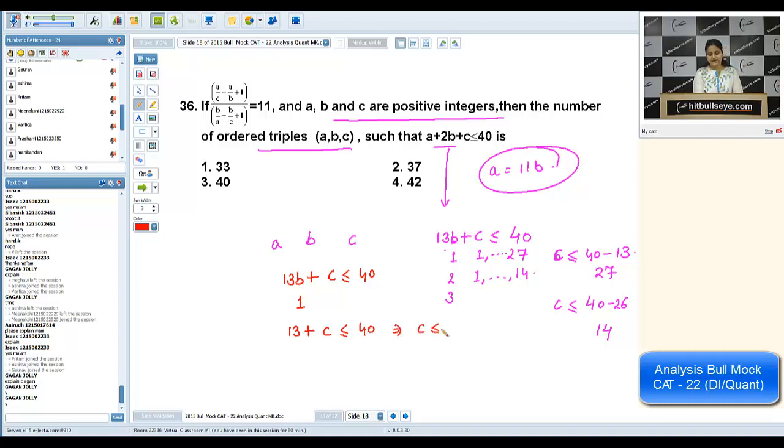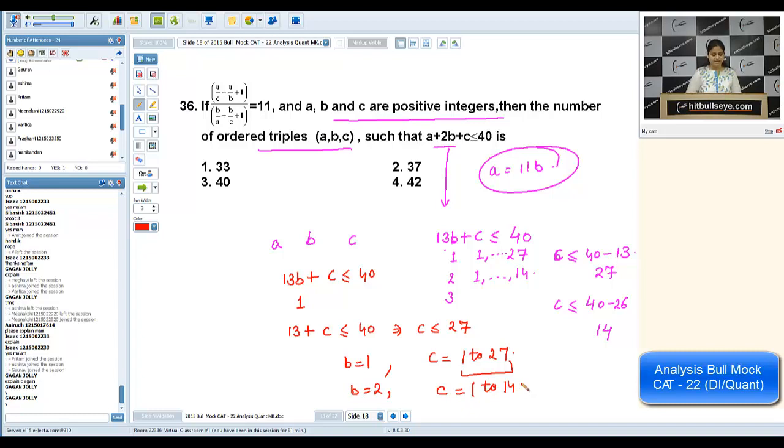So c can be up to 40 minus 13, which is 27 in this case. Since only positive integers are allowed, c can take any value from 1 to 27. Similarly, if we take b as 2, c can take any value from 1 to 14.